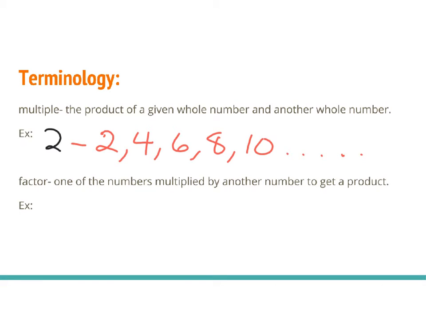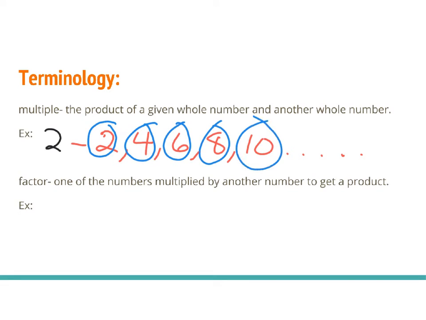So every one that I would come to in this list, all of these right here are multiples of 2. Okay, so very simple. These are basically the answers that you're memorizing to those multiplication facts you've been doing.